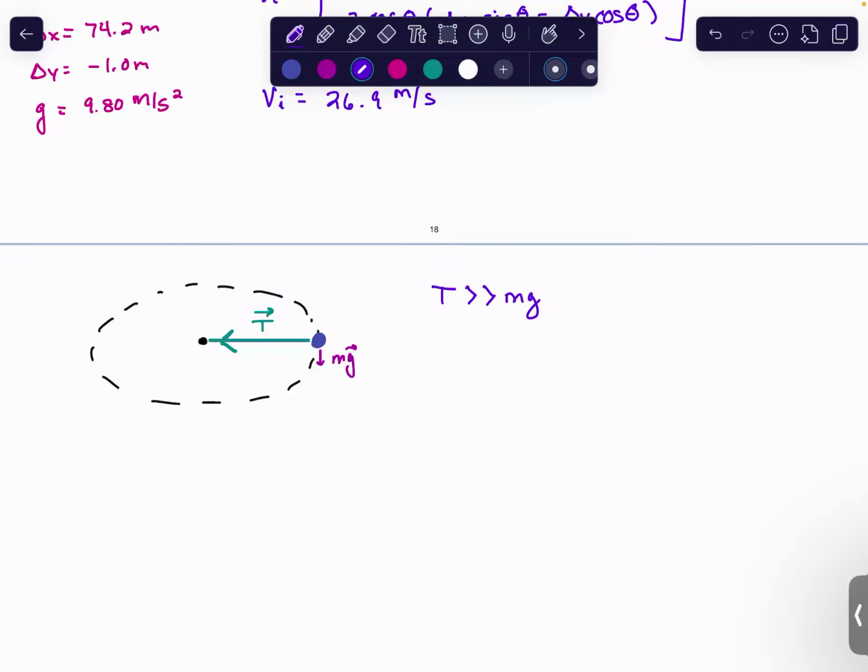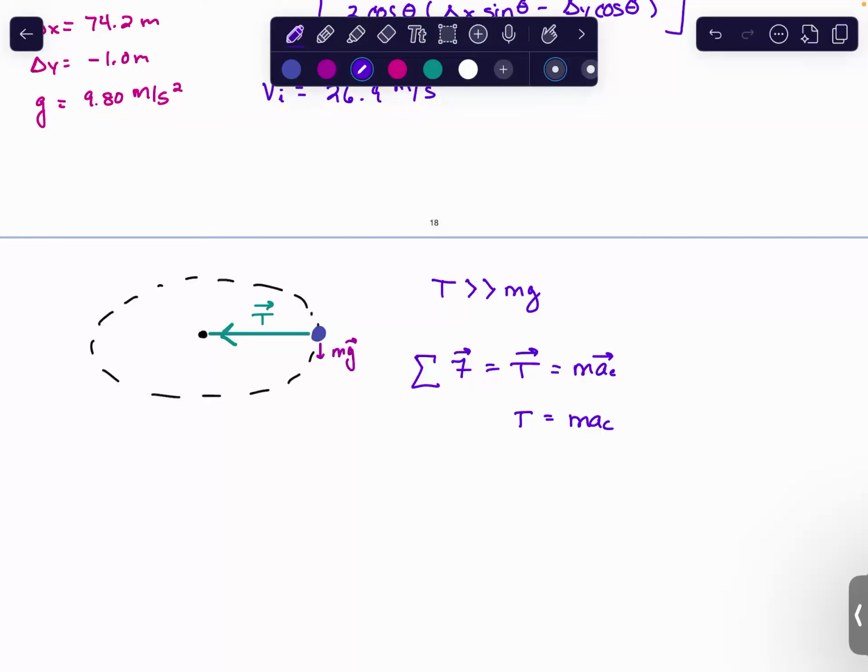So then what we say is, we see the way tension is pointing towards the center of the circle, so it's positive. Centripetal acceleration, or radial acceleration, is positive.